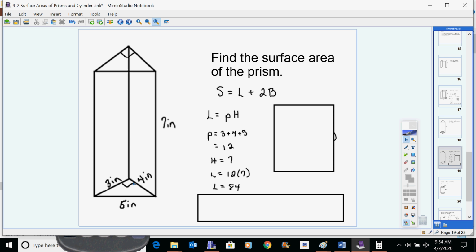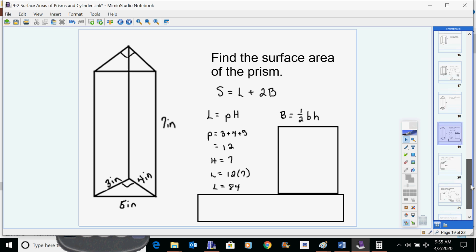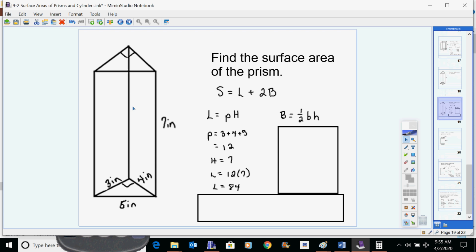But our base is a little different. Our base is a triangle, so you have to think back to your area of a triangle formula. The thing about these bases is that you have to make sure that you're picking the appropriate formula for whatever the shape is for the top and the bottom. Sometimes in some of the problems they give you the area of the top and the bottom to start with, so you have to look and see what is given to you.